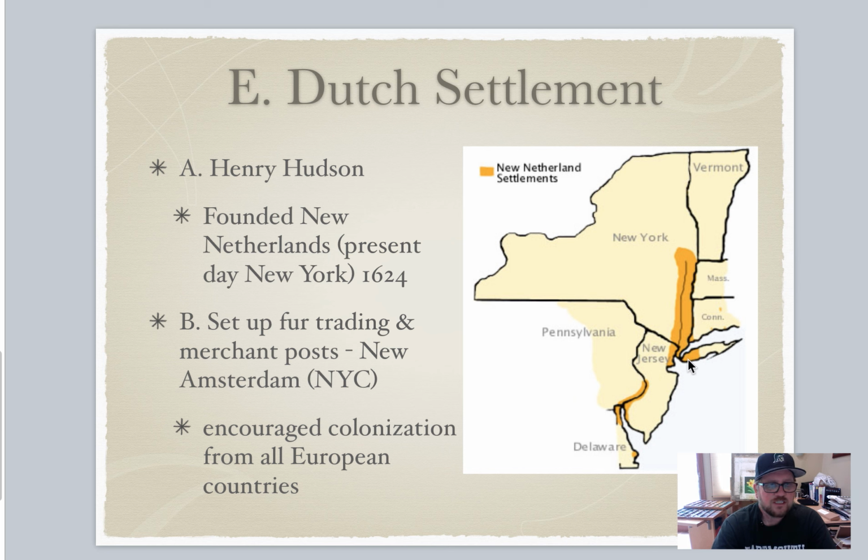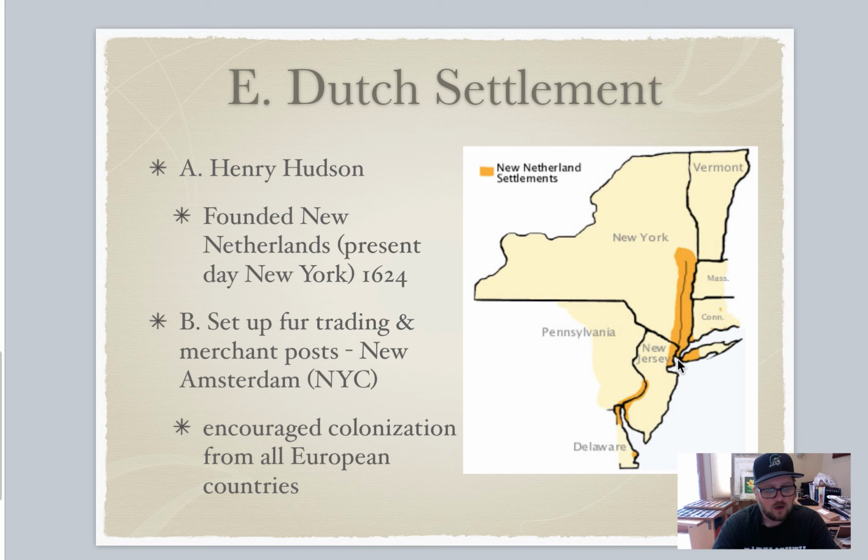And what they're going to do is set up trading posts, New York being the biggest one, and fur trapping areas. For the most part, their treatment of the natives is going to be almost non-existent. They aren't going to really subjugate them. They obviously will buy land or sort of steal land from Native Americans to set up some of their colonies and their posts. And they're going to actually encourage a large amount of European diversity to come into the area.